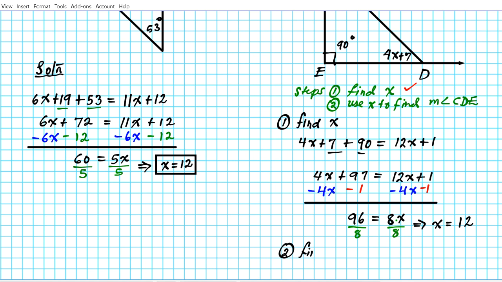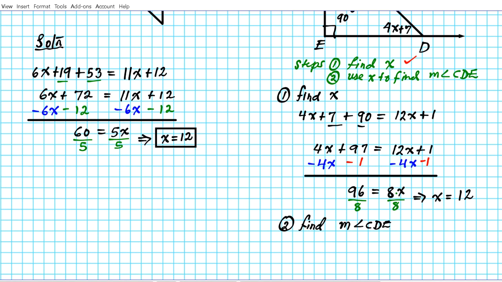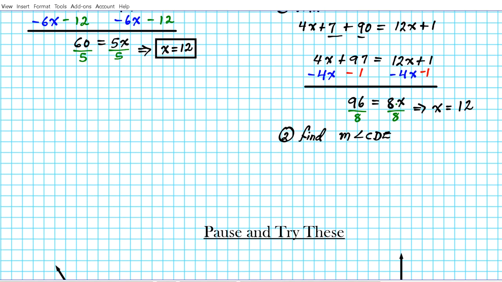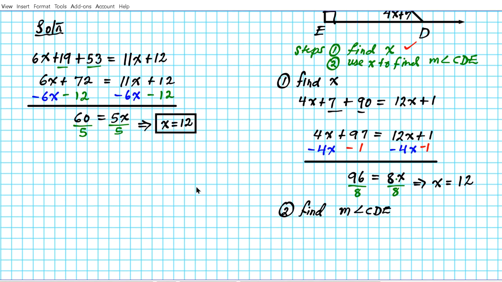Alright, so we want to find the measure of angle CDE. So all we just do is substitute what we know into the unknown. So the measure of angle CDE from what was given is 4x plus 7. So we're just going to take this 12 that we found and do what with it?